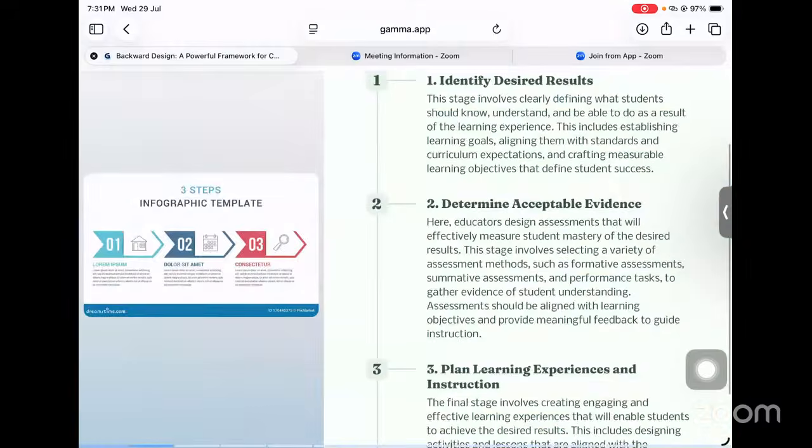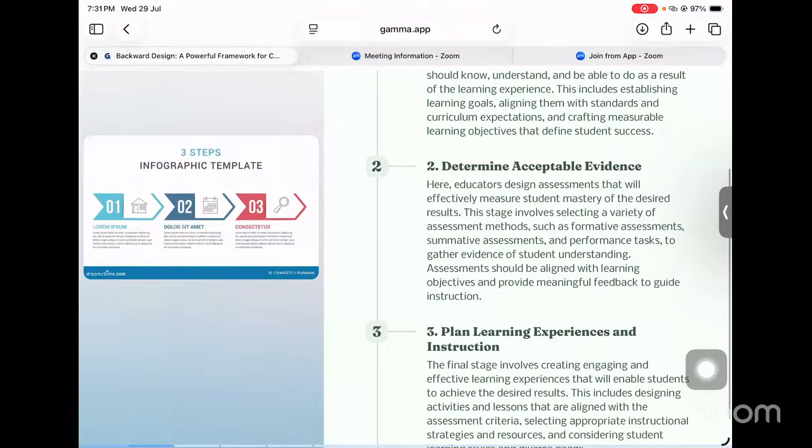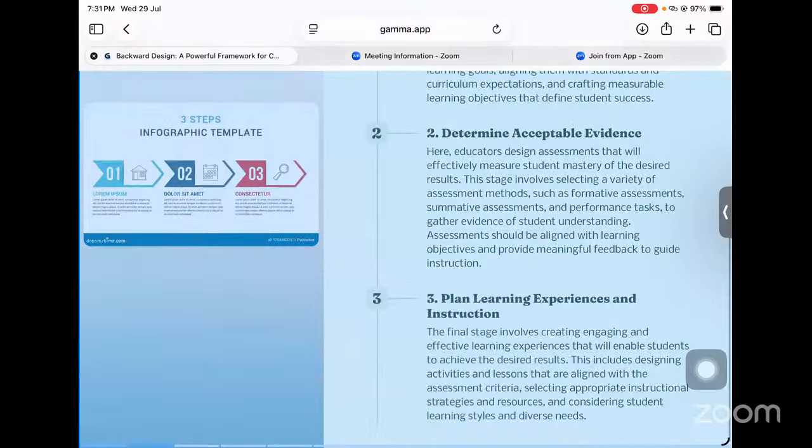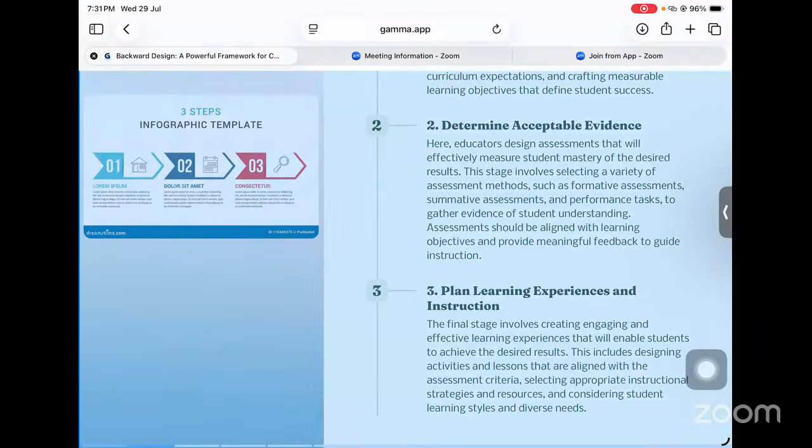Now once you know what is to be taught and how you are going to assess, then you start planning your learning experiences. Then you plan the action part of the unit. What will you do in the third part? You will design activities. You will look at inquiry-based learning. Think about what model you want to use. What I recommend is the 5E model.